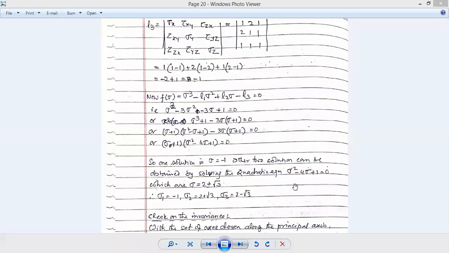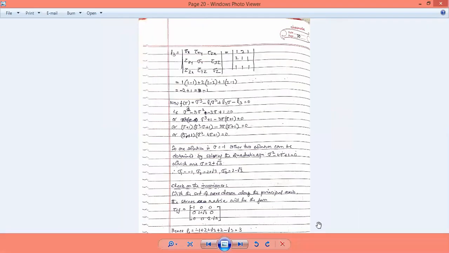Now we have to prove whether these are all principal stresses or not. Now, how will you do? Now we have to check the invariance.